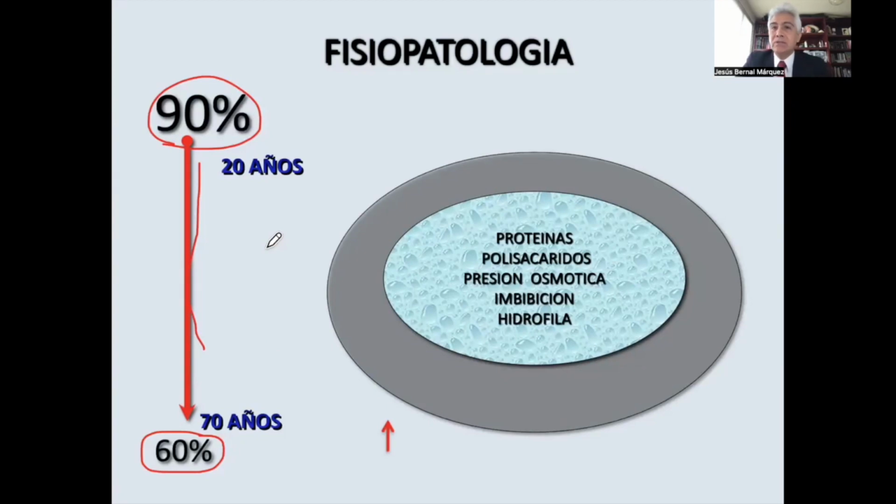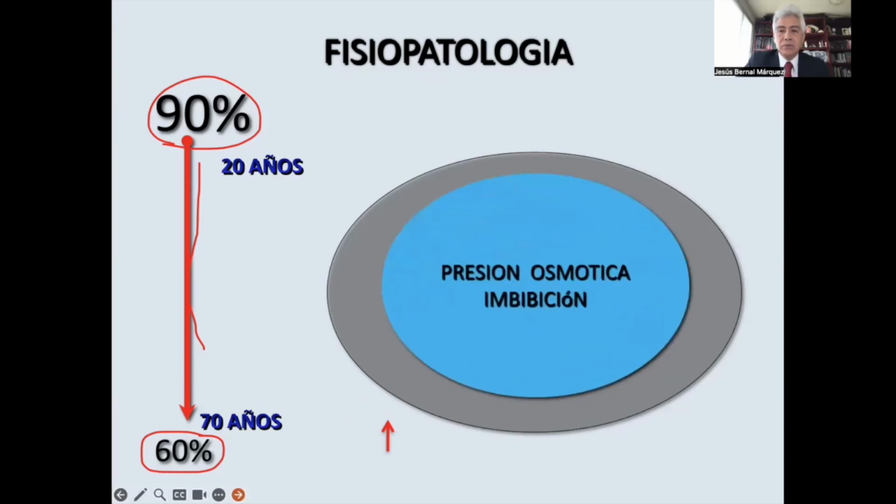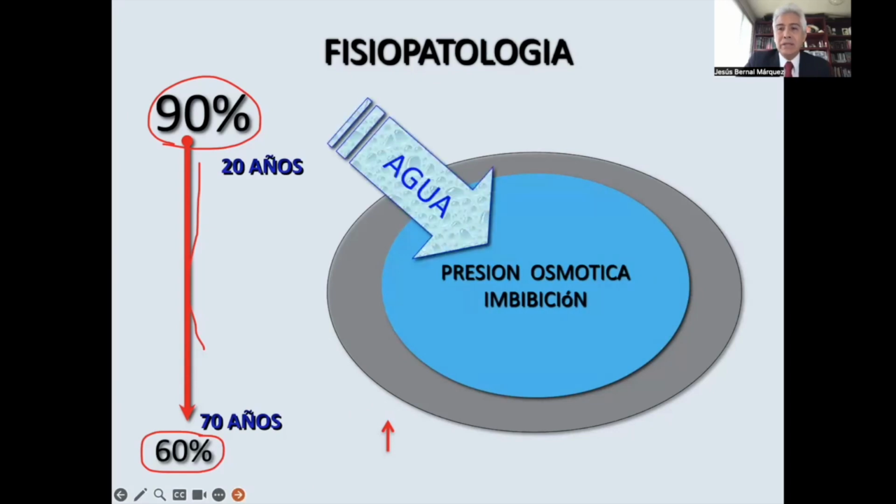Remember that the proteins and polysaccharides create an osmotic pressure, allowing water to arrive, and this is known as hydrophily. Thanks to this, they create an osmotic pressure due to imbibition. The intervertebral disc is nourished by attracting or maintaining water within the nucleus pulposus.